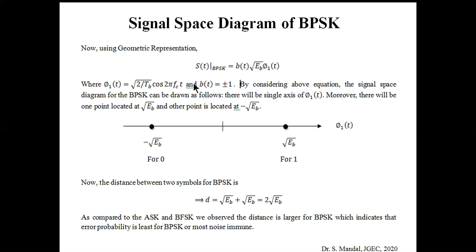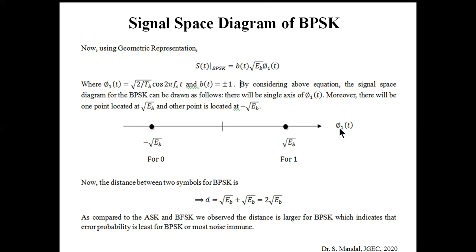So this is basically the signal space diagram of BPSK, where an axis has been drawn with respect to phi 1(t). Next we want to point out the location where the energy level for the symbol 1 or 0 is located.